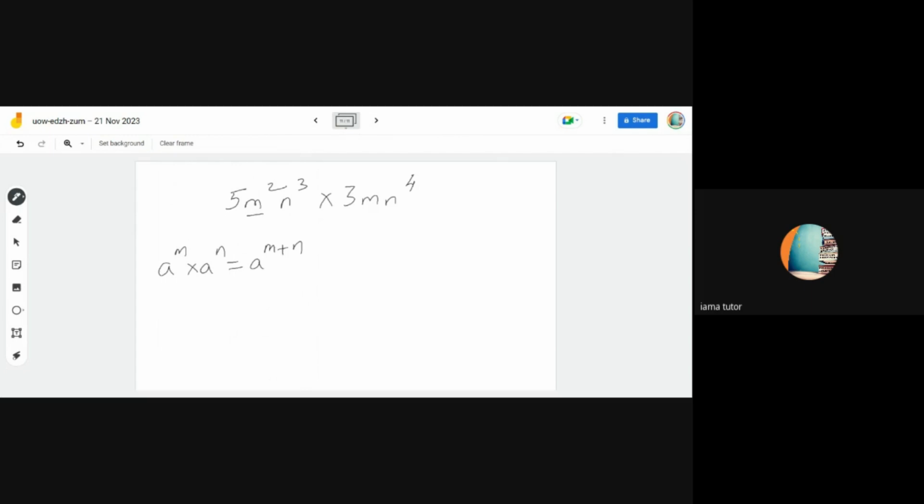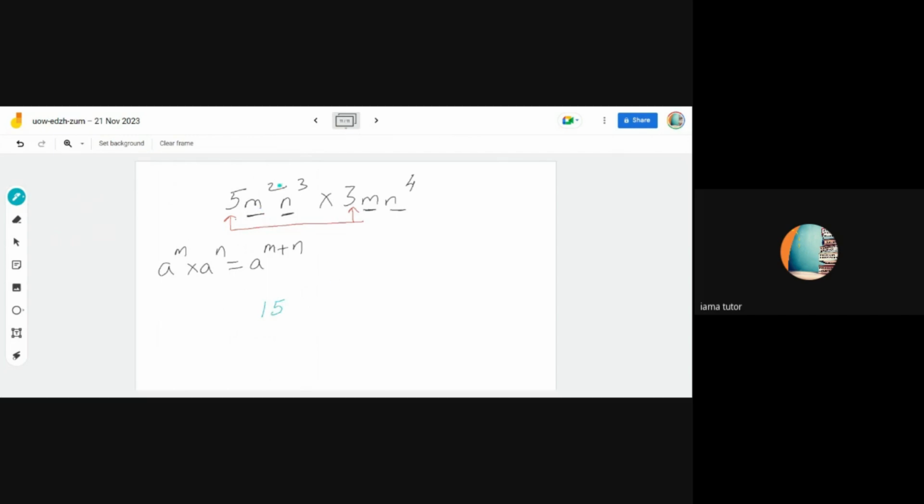m will group with m and n will group with n, and the constant will multiply by itself. There is no problem with the constant. First, you write the constant: 5 times 3 is 15.